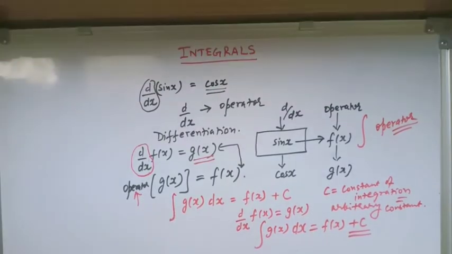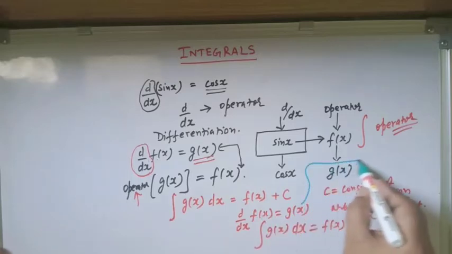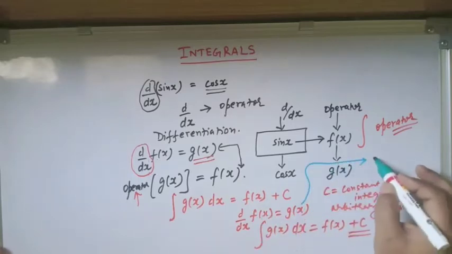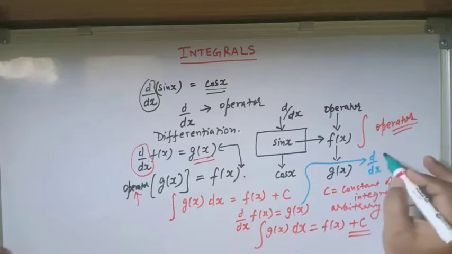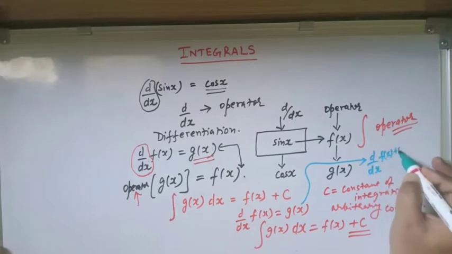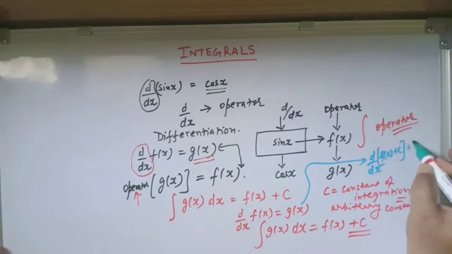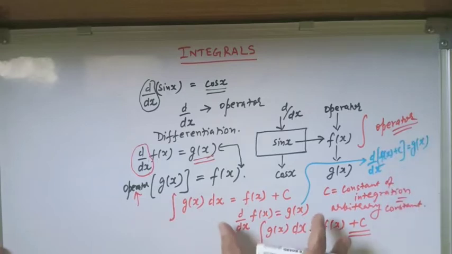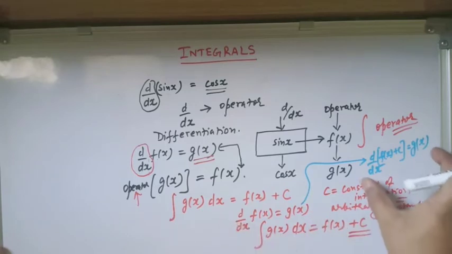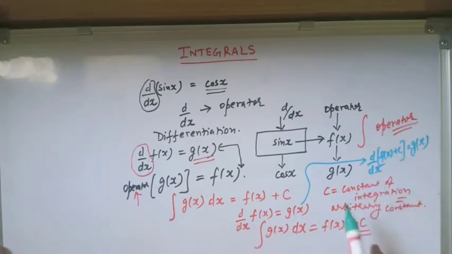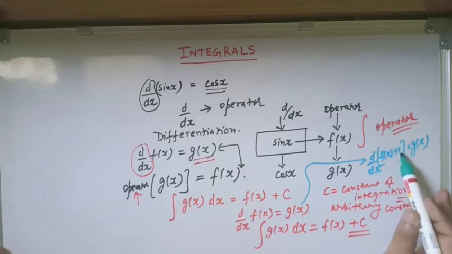Clear? Now viewers, we have the derivative of f equal to g of x, and the integral of g of x is f of x plus c. So viewers, this step can now be written as d by dx of f of x plus c is equal to g of x, because this step is the same as this step. Why? Because the derivative of a constant is 0.